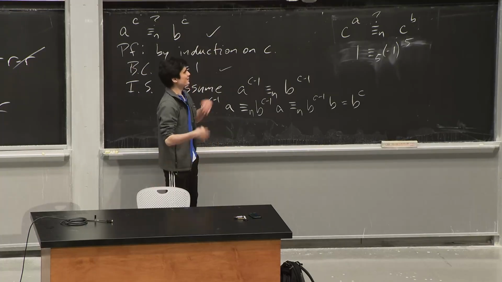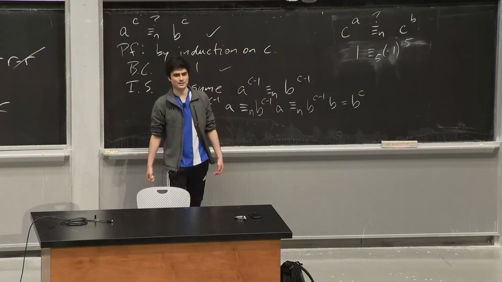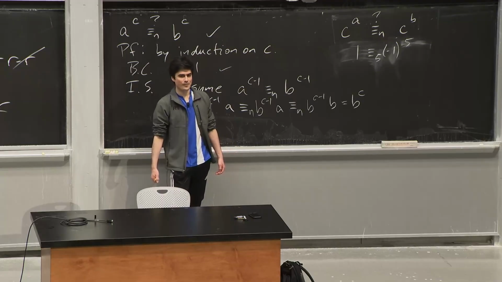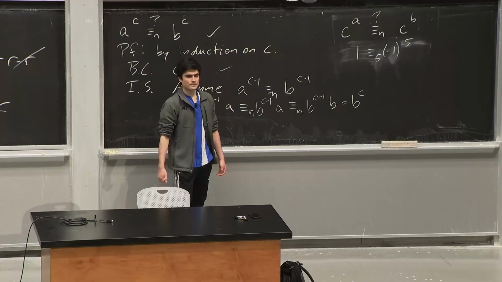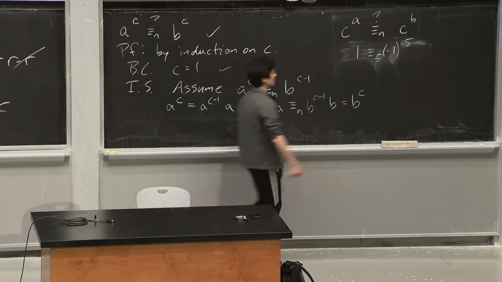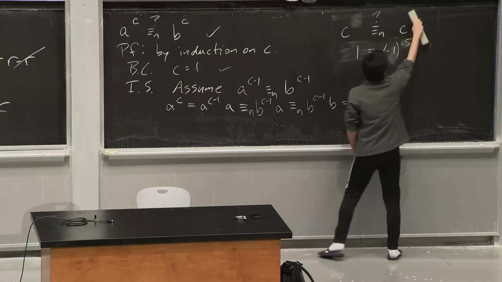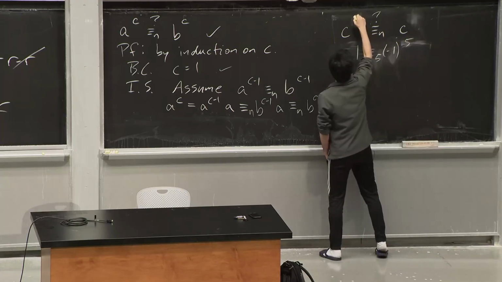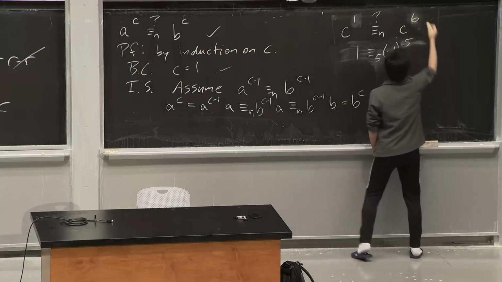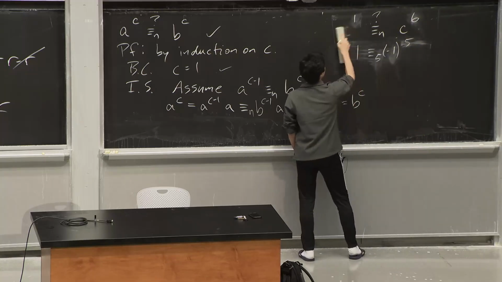So if, say, you have b equals 5 plus a, you're going to end up with 5 on the right-hand side. So our counterexample is going to be something like c to the 1 and c to the 6. In particular, we're going to want c to be minus 1.